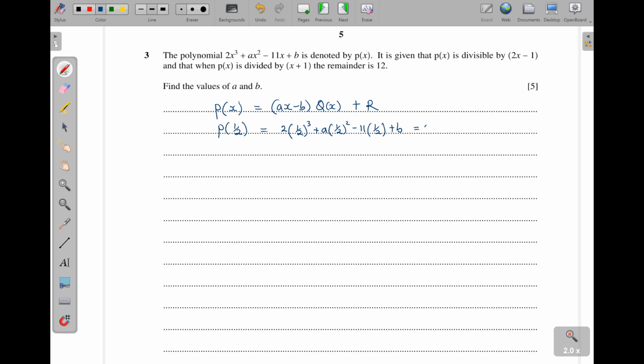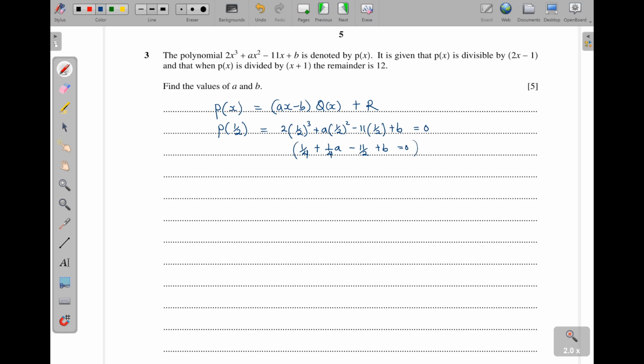Then we shall equate to 0, because if something is divisible by another, then the remainder is 0. Now, simplifying this one, what do we get? 2 over 8, that is actually a quarter. Then also here we have a quarter of a, minus 11 over 2, then plus b is equal to 0.